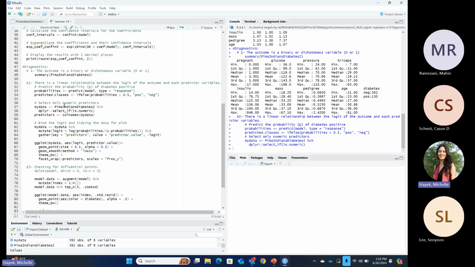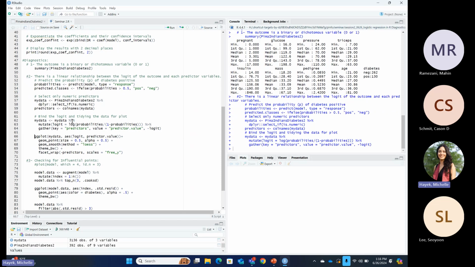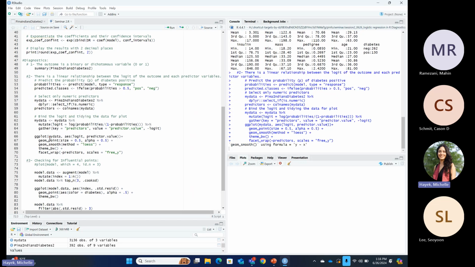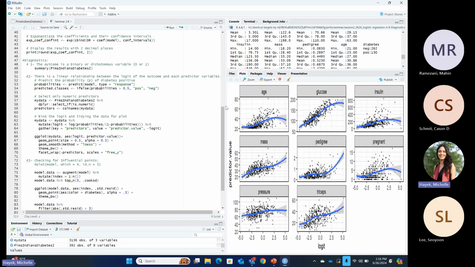Now, we only select the numeric predictors in our data set because this is what we want to see, the linear relationship. And then after we add this to the main data set and convert it to a logit and do the log of the probabilities, we can basically see the relationship across each variable.